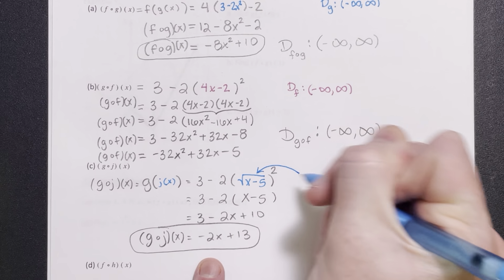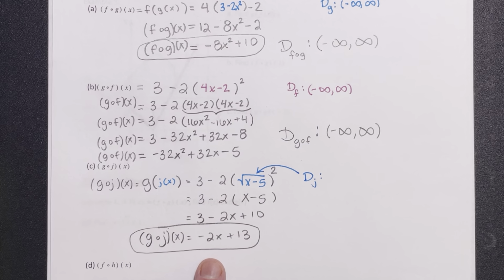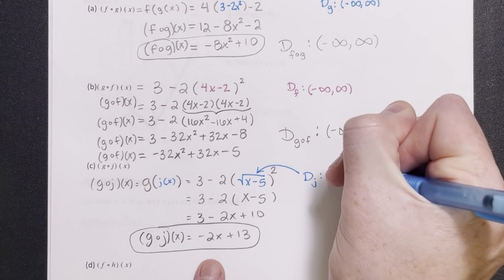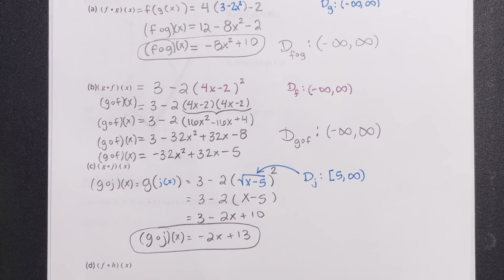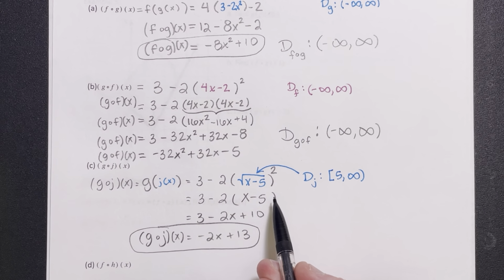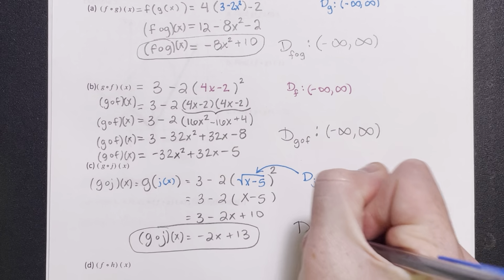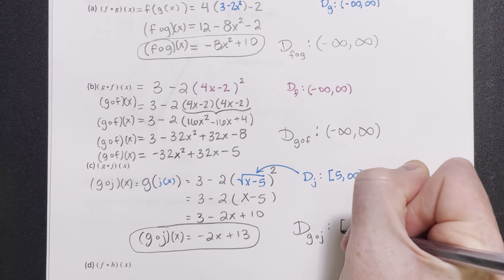But we have to remember that the domain of j brings its own domain into that composition, and this is going to be a domain of 5 to infinity. Looking across, we didn't create new domain issues, but we do have that domain from j coming in. So the domain of g of j is 5 to infinity.